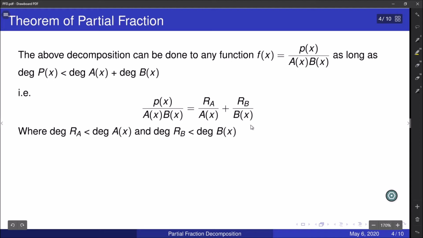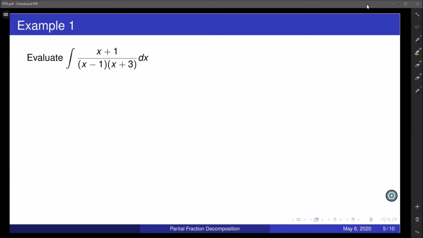So now we know that's the case, we are going to have a look at how to perform this decomposition. In this example, the denominator has already been factorized for you, and the main focus is just to perform the decomposition.